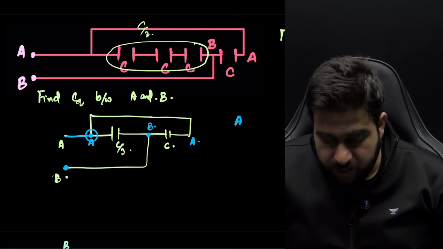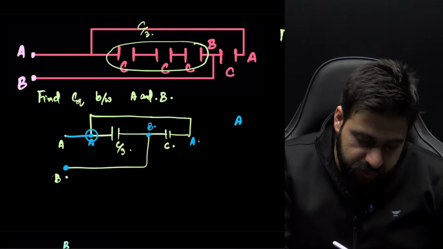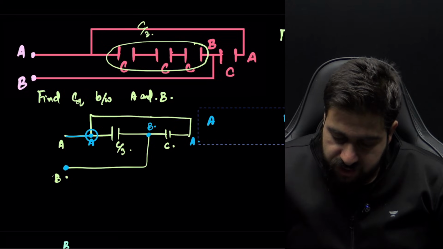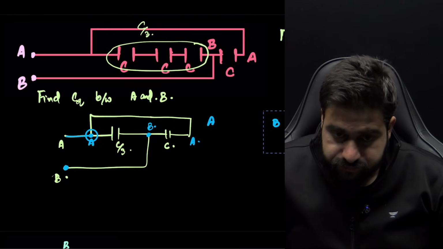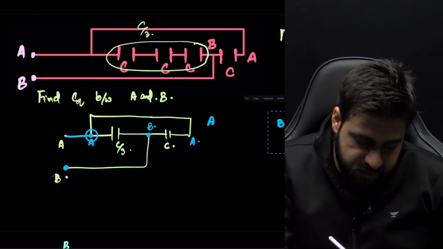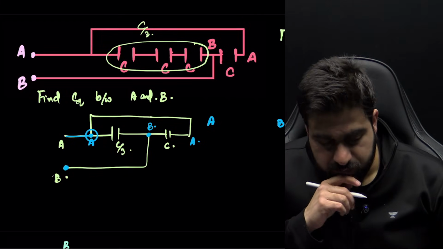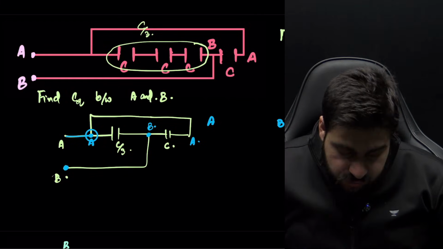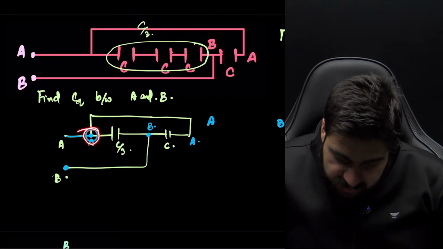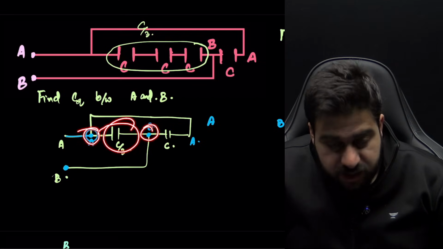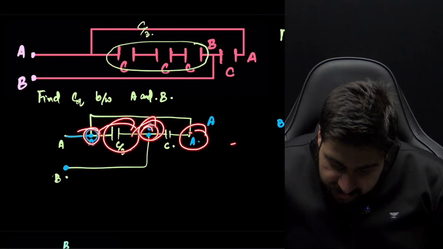Now the two capacitors are connected between A and B. And boys and girls, you can clearly see in this particular case between A and B, this C by 3 is connected. Between this B and A, C is connected.